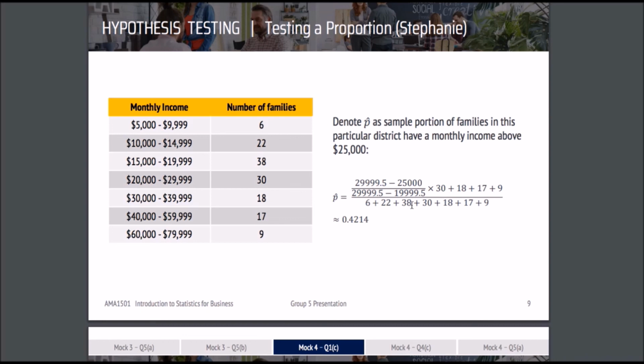Then the whole number will be divided by the total number of families, which is 6 plus 22 plus 38 plus 30 plus 18, 17, and 9, which is a total of 140 families. By inputting the data, the sample proportion will be roughly equal to 0.42.